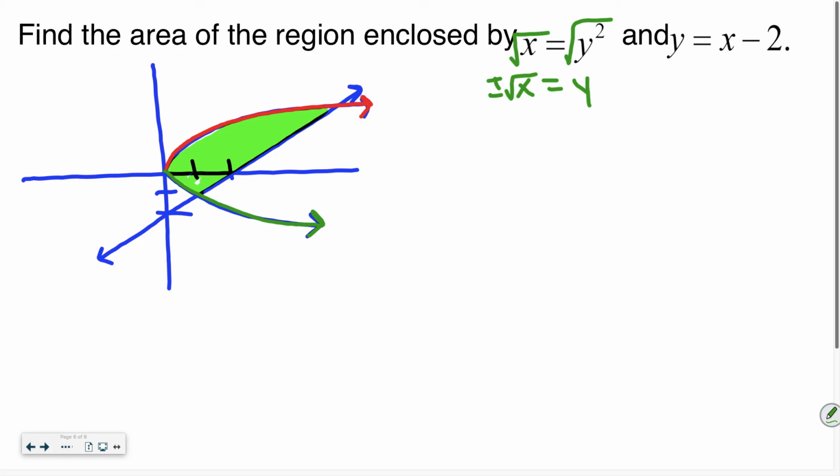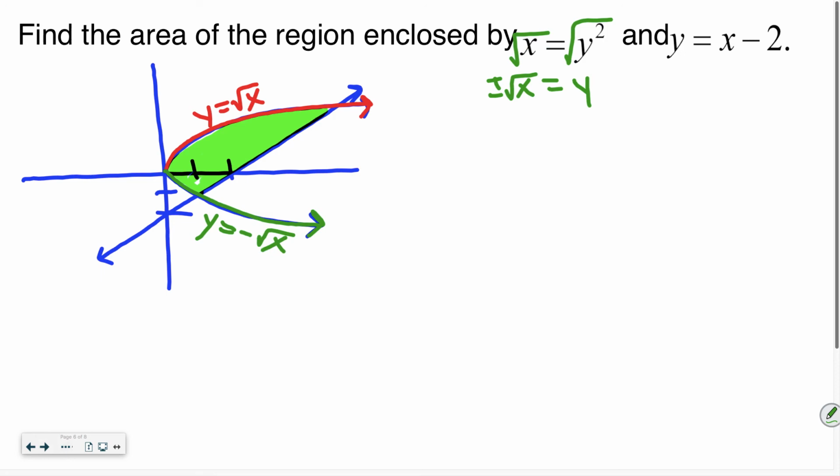So when we're thinking about our equations in terms of x, because we're going to integrate with respect to x, we have this red equation that I highlighted is y equals radical x. This green equation is y equals negative radical x.